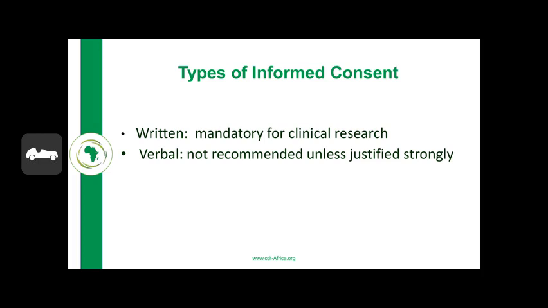This type of informed consent is mandatory for all clinical research, and is highly recommended for all health research involving human participants. Verbal informed consent, on the other hand, does not bear any signature. This type of informed consent is not recommended unless strongly justified.